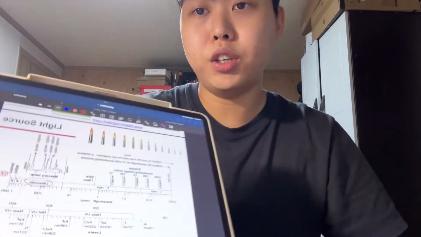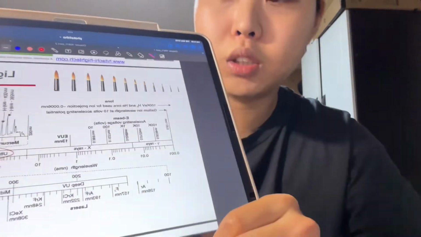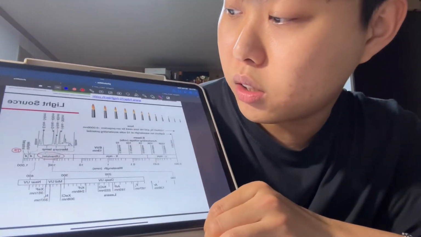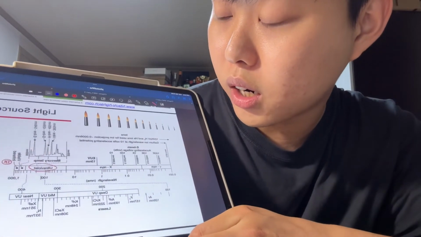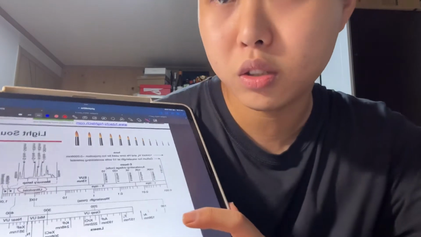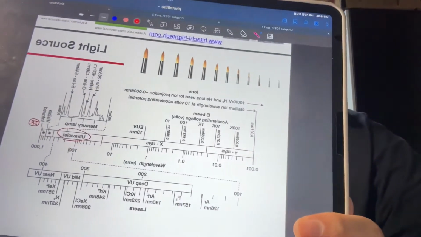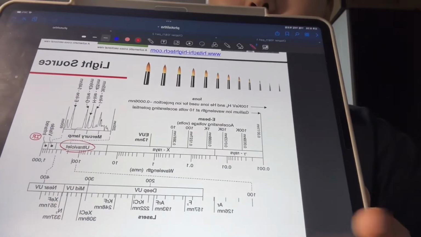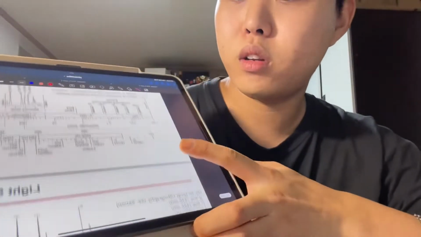As you can see here, there are a lot of light sources such as ultraviolet, IR (infrared), or EUV, or others. This is just a diagram for you to make sure you know it.